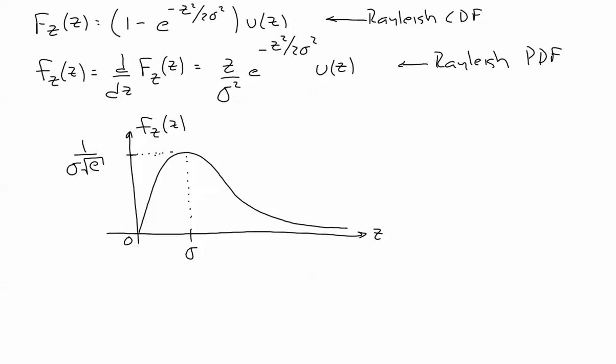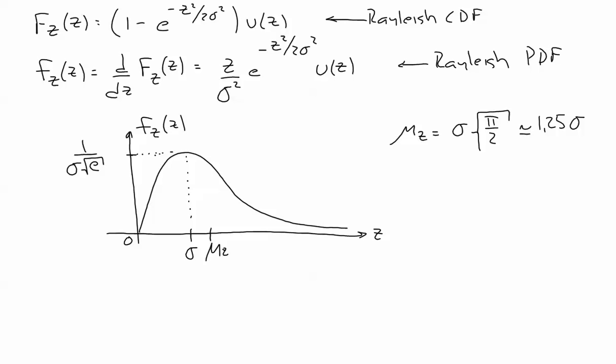From our previous work, the mean value is sigma times the square root of pi over 2, and that's about 1 1/4 sigma. So the mean is maybe about right there. All right, it's 50% likely to be above the mean, 50% likely to be below the mean. And the reason that the mean is a little bit to the right of the peak value is because this long upper tail extends to infinity. So there's a lot of area up there.